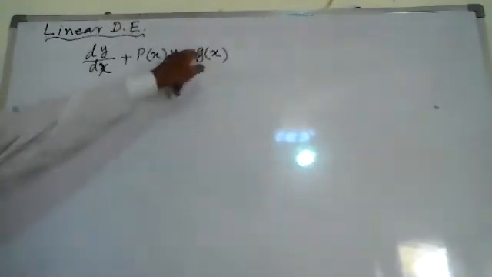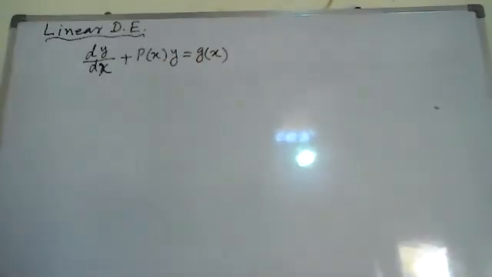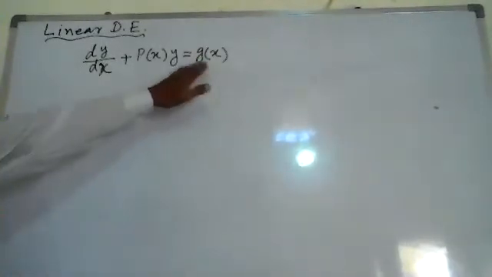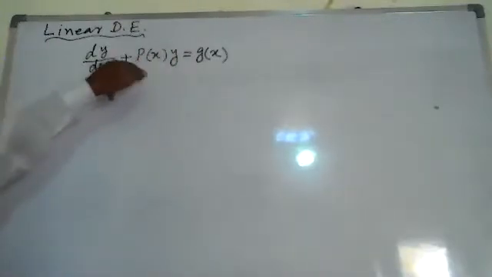It may be 0, or some constant, or some function of x. There should be no y there. If there is some y, it should be shifted to the left side, and y will be taken as common.